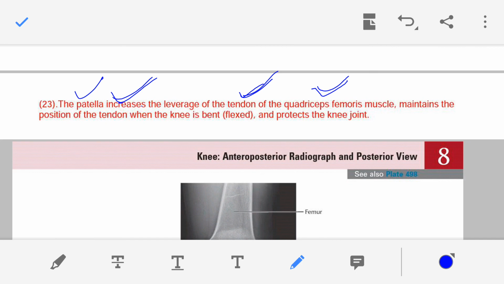So basically it is providing the surface, okay, and with this surface of tala, the tendon of the femoris muscle attaches. Okay, so this tendon can easily move, it can easily rotate when this tendon is using the tala as a surface.